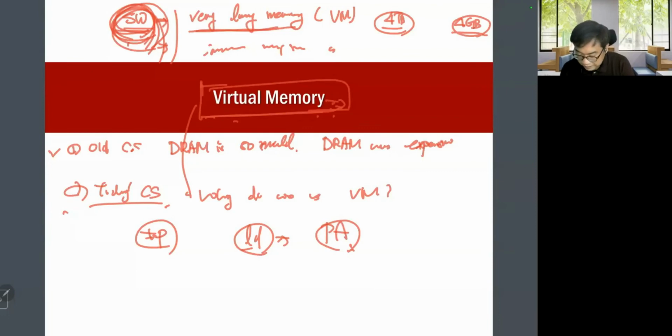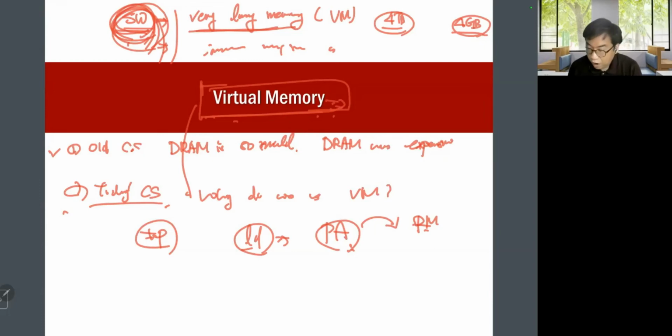This virtual space is translated into the physical memory space, and this simplifies the design of software.